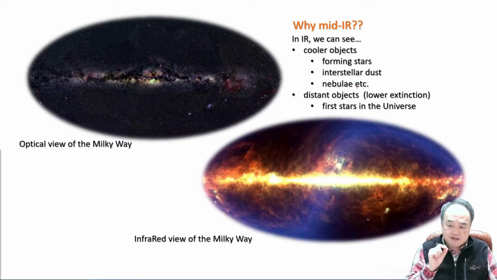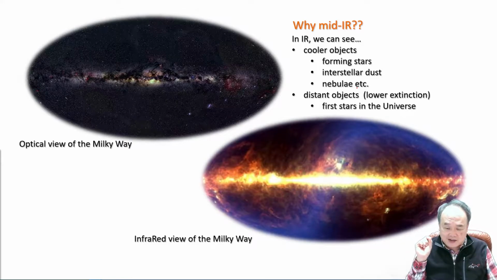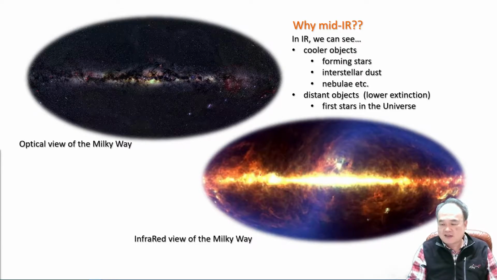So that's one reason. Another reason is that at the long wavelengths of mid-infrared, we can see through the intervening material very well. These two images, the optical image and the mid-infrared image of the Milky Way plane, are a really good example.